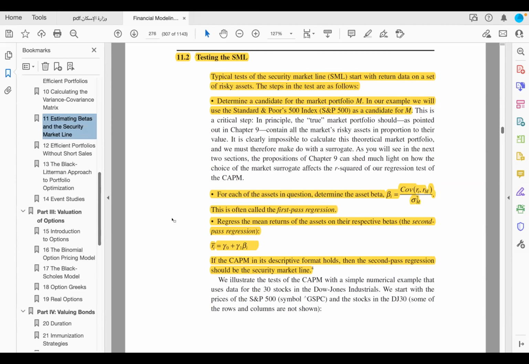Because the CAPM might be one of the most important revolutions in modern finance, but sometimes it doesn't hold for some periods of time or for some economies. So it's not a 100% reliable model. That's why we do these tests to know if the SML holds for a particular context or not.